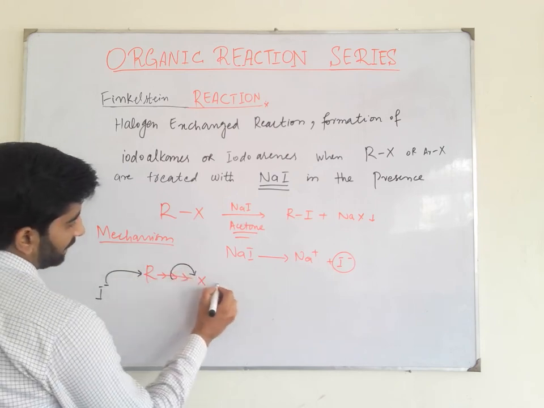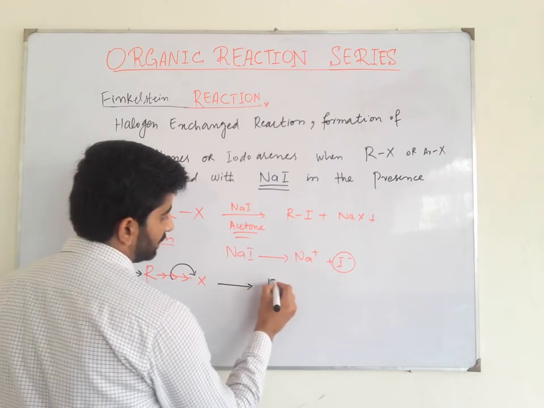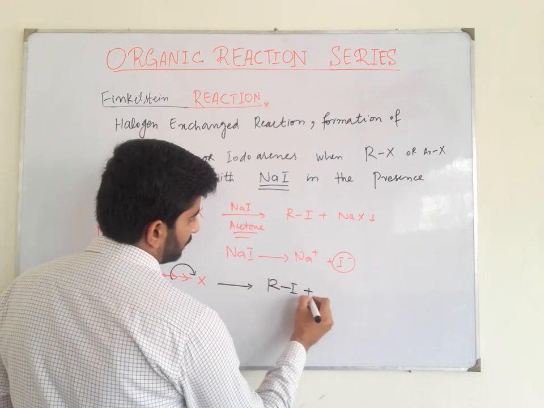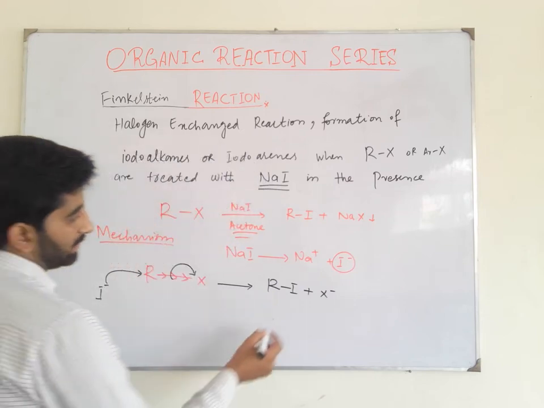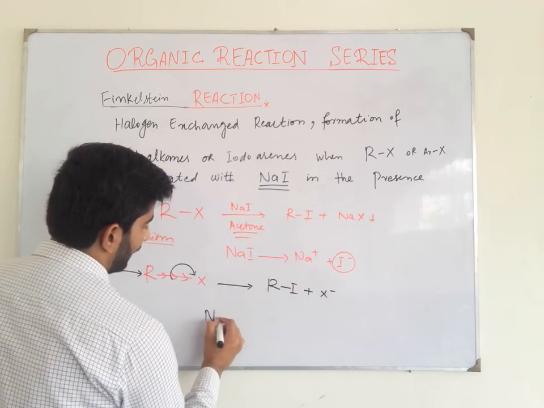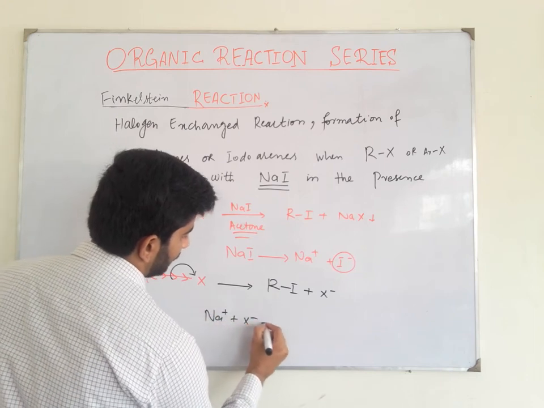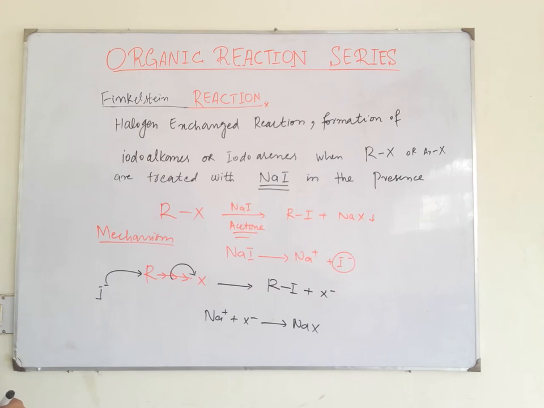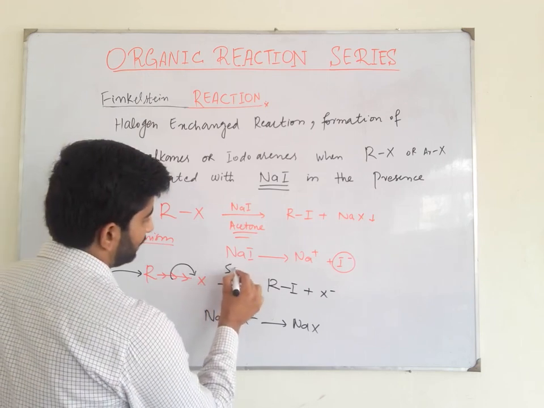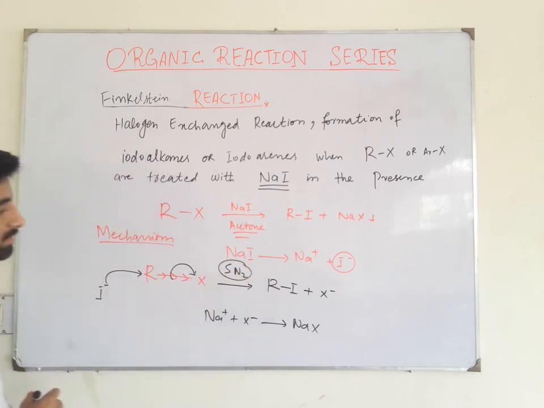The leaving group leaves and there is formation of iodoalkane. This sodium ion and this halide ion react to give sodium halide. So this is the SN2 mechanism of the Finkelstein reaction, in which there is inversion of configuration.